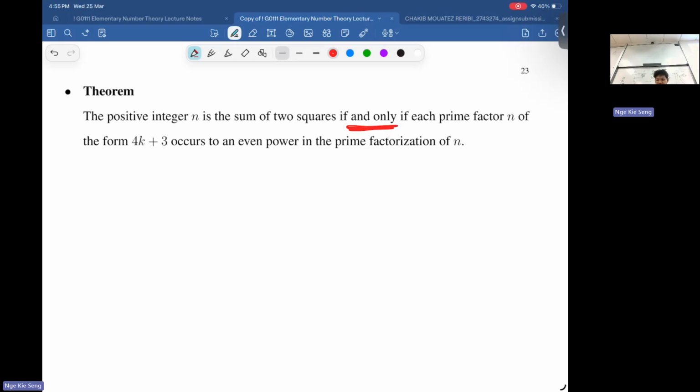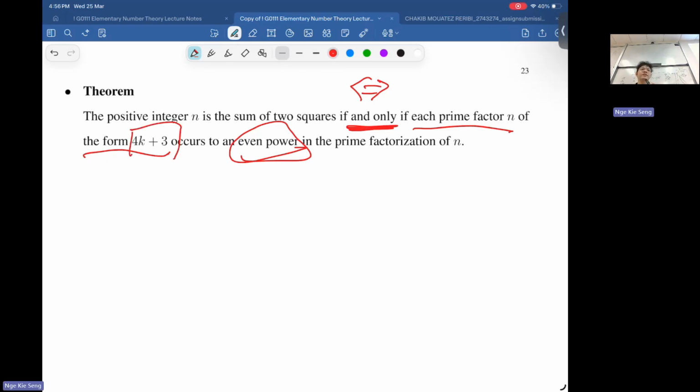So it's equivalent in this case. Because just now we could not give the backward direction, right? If I give a backward direction, I need it to be prime. But now we give you an equivalent condition, that is, each prime factor of n in the form of 4k plus 3 has to have an even power.